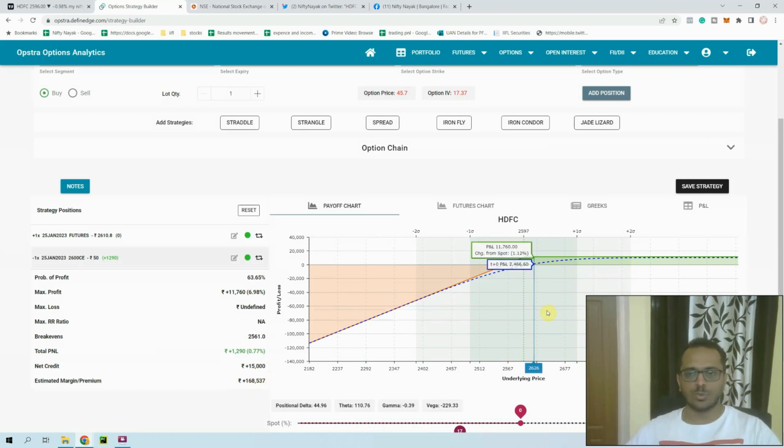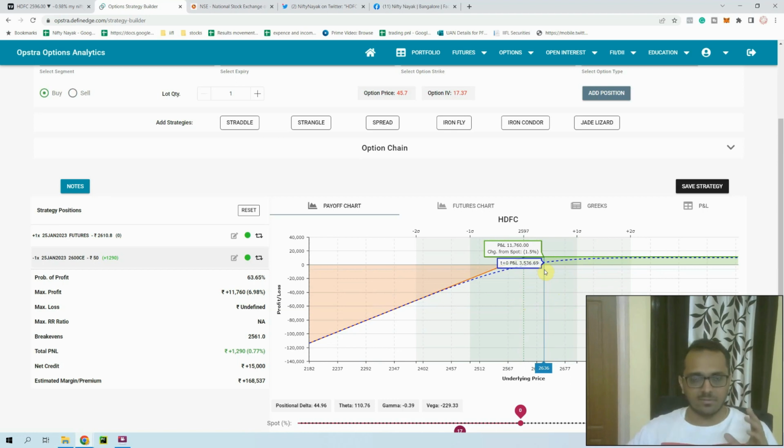For 2 lakhs, if HDFC goes up by another 20-30 rupees with 3 more weeks left, then probably we will be making a profit of approximately 11 to 12,000 rupees. That turns out to be approximately 8 to 10%, which is a wonderful return which you can expect.